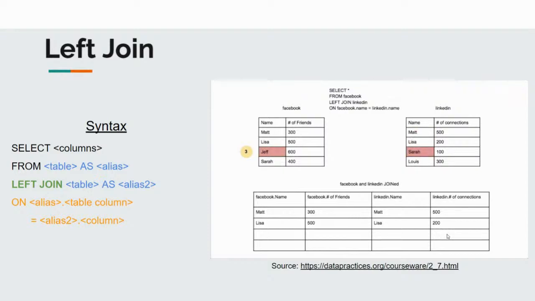That might make sense, because Jeff would be on Facebook and not LinkedIn, and you're trying to get the number of friends. If you don't have that information, you don't know what it is for Jeff. It's not necessarily 0, because maybe Jeff's profile exists, it just isn't in that table.